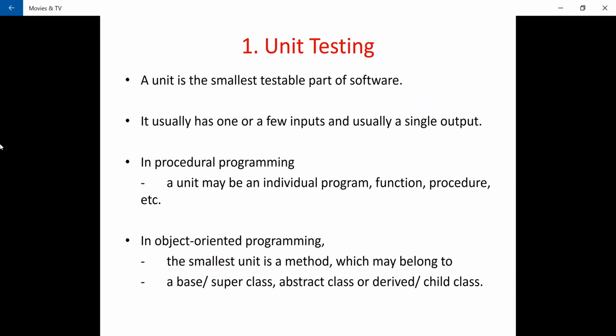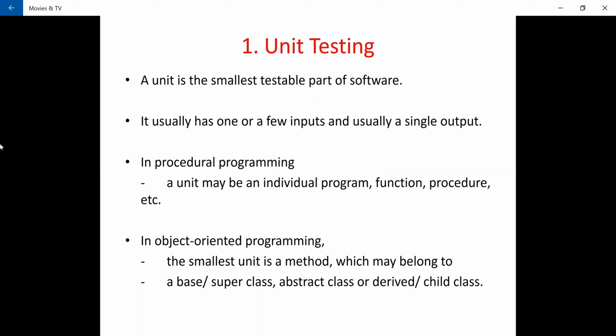In procedural programming, a unit may be an individual program, function, or procedure. So it may be anything. Keep in mind unit testing is a small testable part of a software.